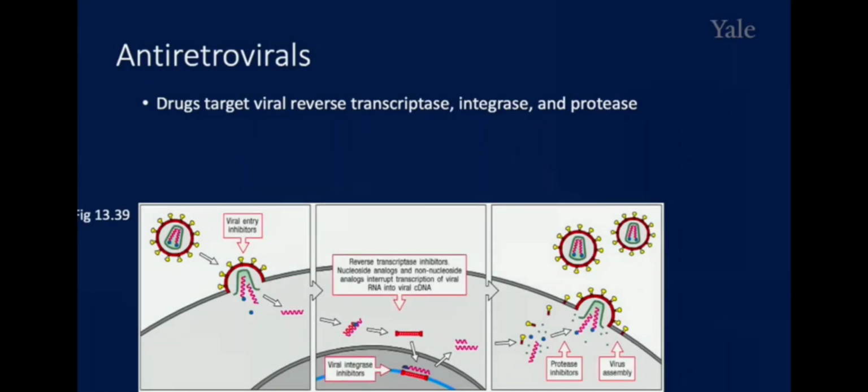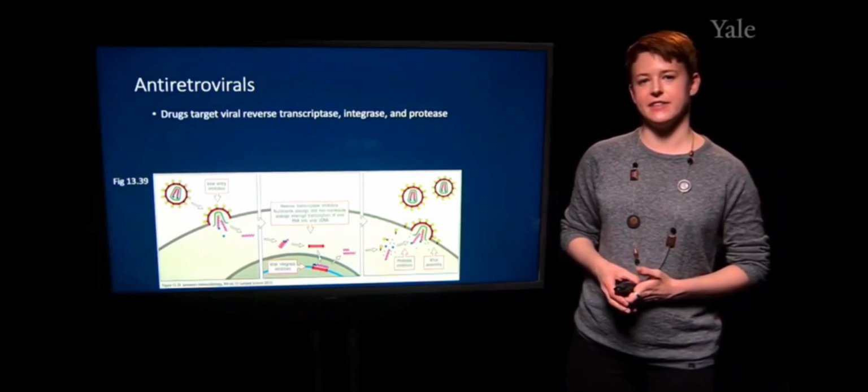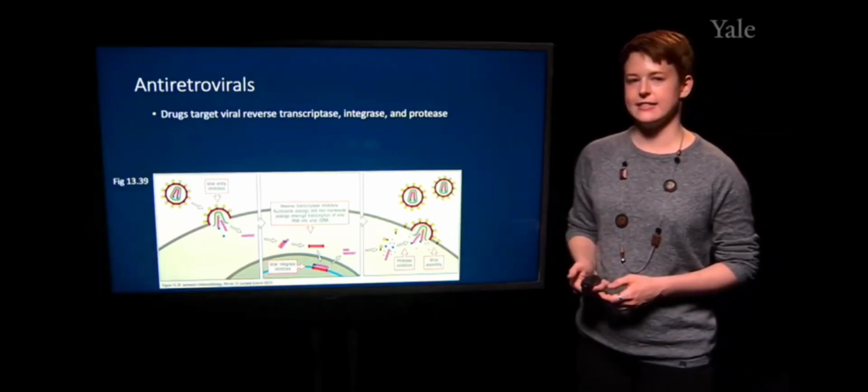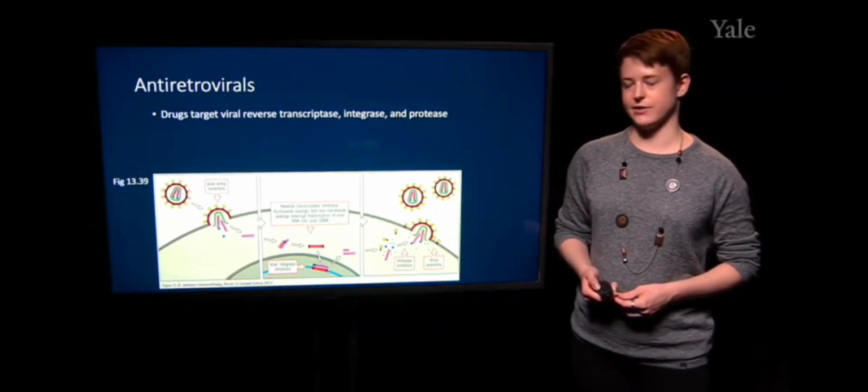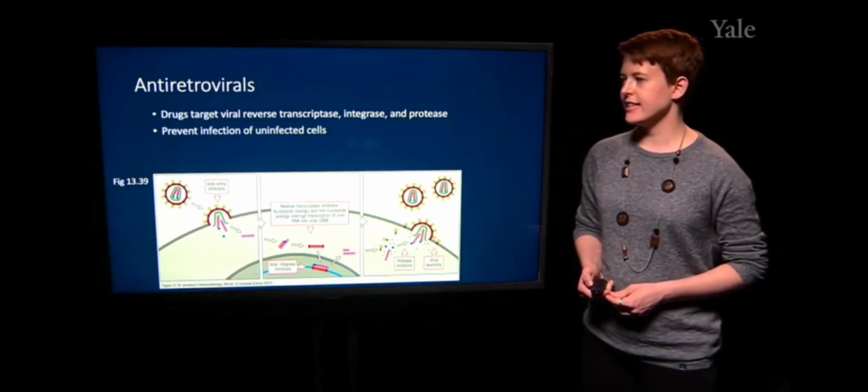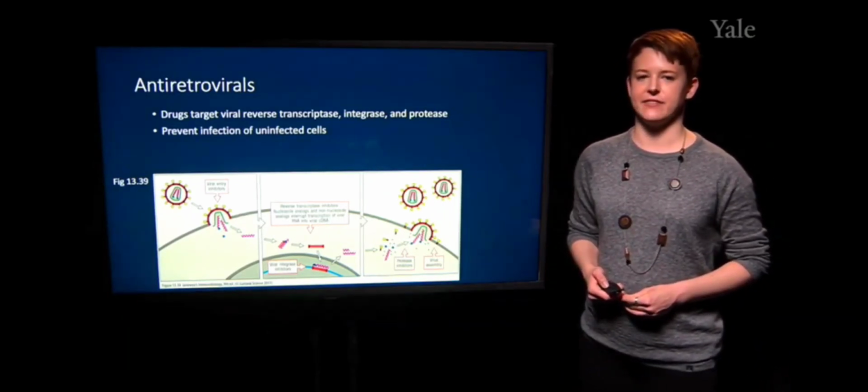And then the integrase helps integrate that DNA into the host genome. And so we can see there are several steps along the viral infection pathway that these antiretrovirals will interrupt. And this can actually help prevent infection of other cells that have not been infected.